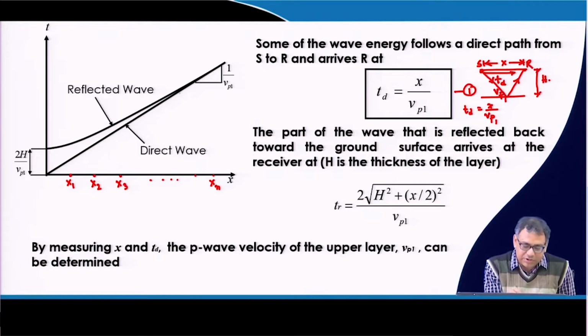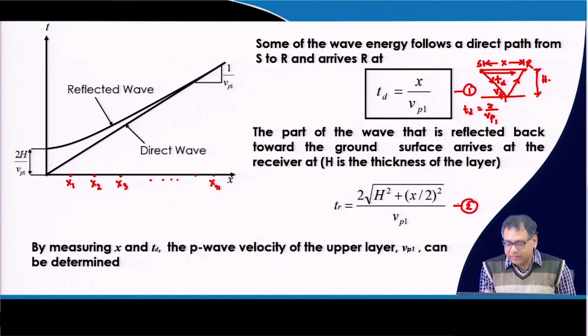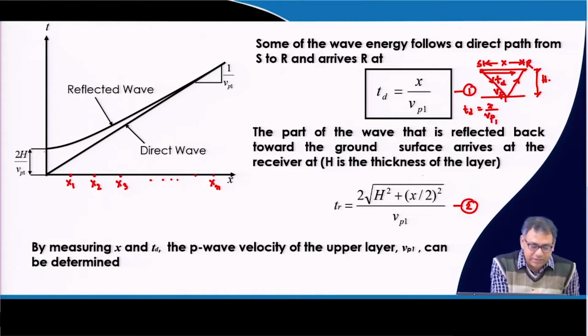Equation 2 will give us a line which is not straight. It is a nonlinear type of equation, so we will get one graph. That is the reflected wave graph.